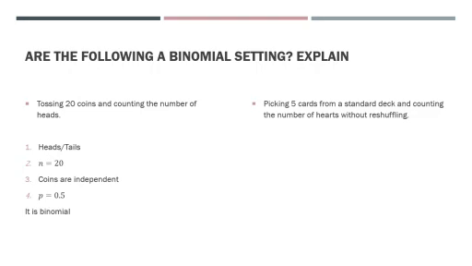And the second one, 5 cards from a standard deck and counting the number of hearts, but we are not reshuffling it each time. The not reshuffling is the key in this. Let's start with the first one. Is there a success and failure? Yes, it is picking a heart or not picking a heart. Number two, is there a set number? There is, only 5. Number three, are they independent? They are not independent because you are not putting them back.